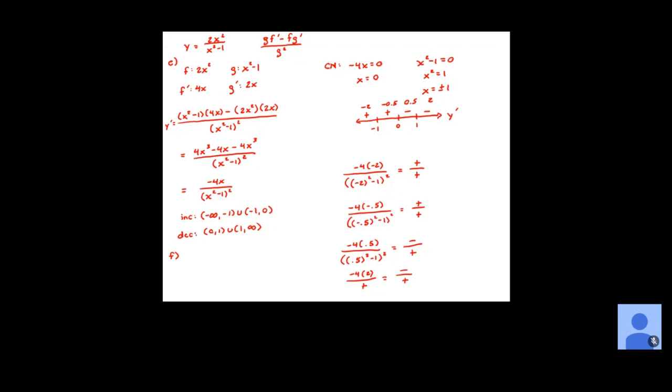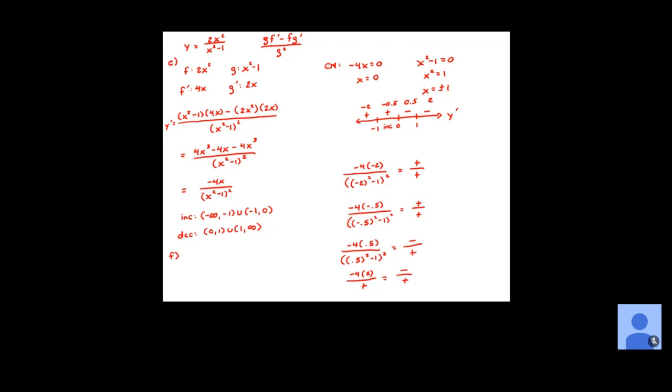So where's the only place we could have a min or a max in this? 0. Do we have a min or a max at 0 this time? Okay. So think about what's happening, right?